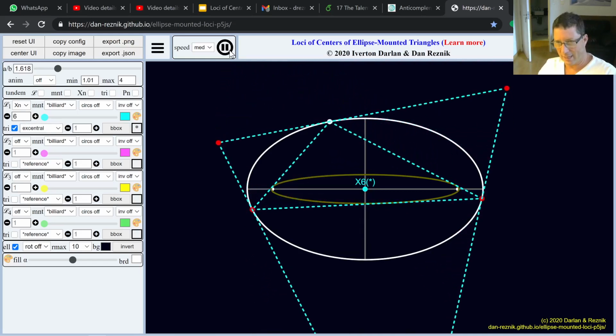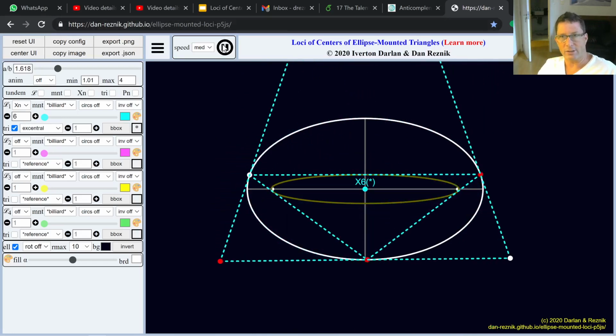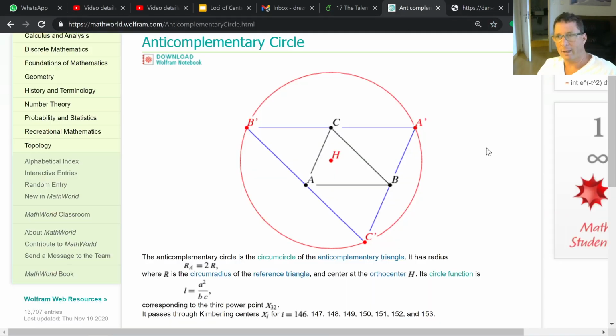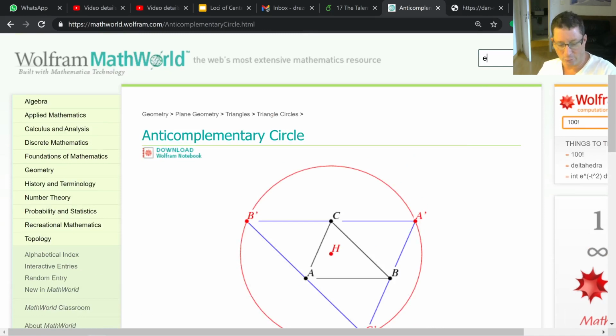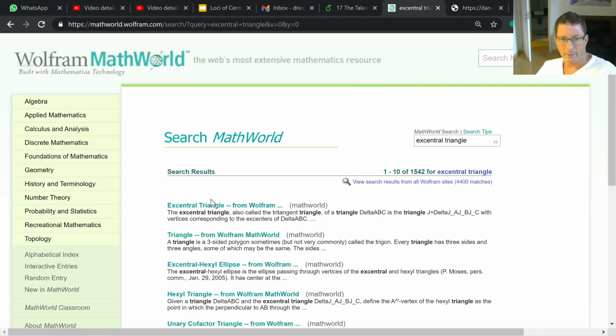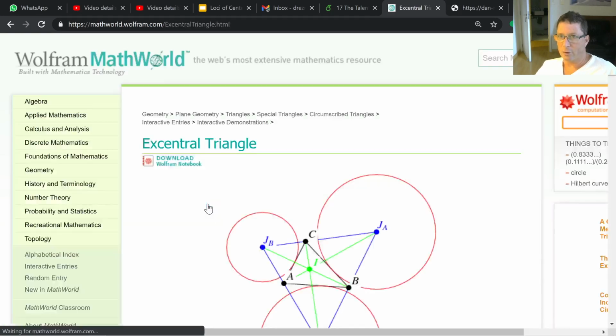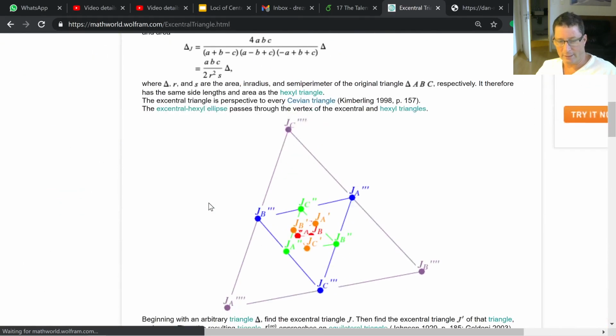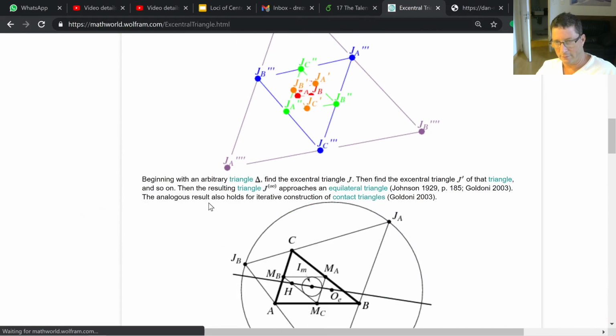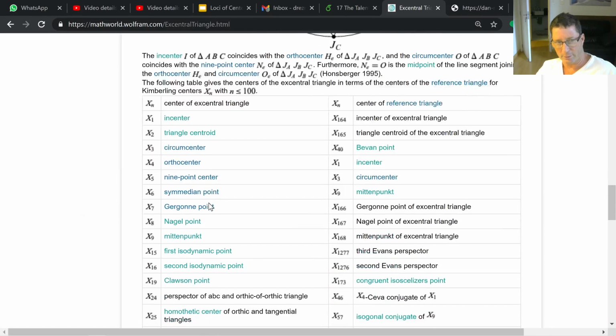Now why is that? Okay, let's figure out why this is happening. Let's go back to MathWorld, and I'm going to type here excentral triangle. And we're going to look at this cross-check table that is below every single one of these derived triangles after the properties. And it's going to say, oh, the symmedian point of the excentral triangle corresponds to the meeting point of the reference triangle.